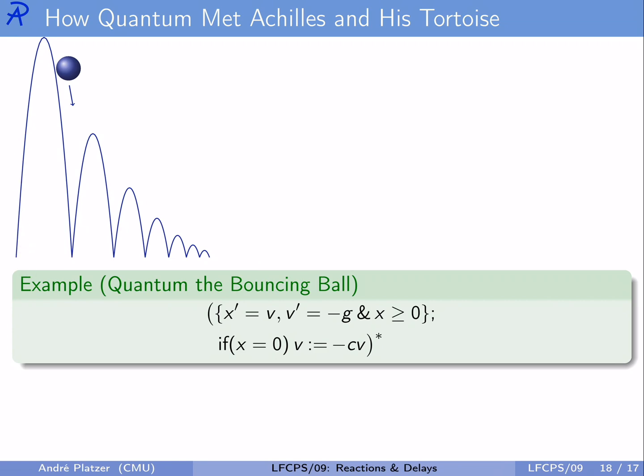Here we understand how quantum the bouncing ball met Achilles and his tortoise in the following way. It's falling in gravity, and when on the ground, we're bouncing back up from the ground by inverting velocity. Beautiful model, we repeat it.